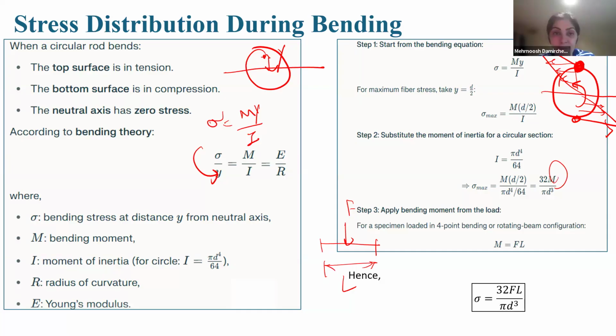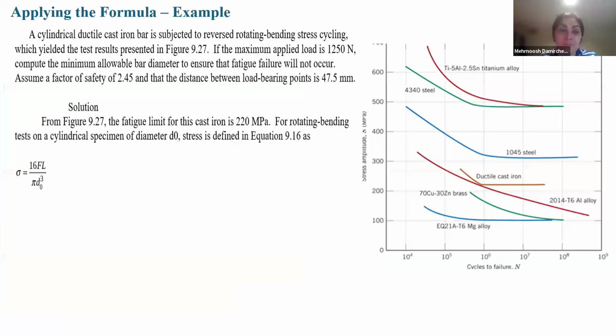Okay, example. We have a cylindrical ductile cast iron bar subjected to reverse rotating bending stress cycling, which yields the test result presented in this figure. If the maximum applied load, F max, is 1250 Newton, compute the minimum allowable bar diameter to ensure that fatigue failure will not occur.